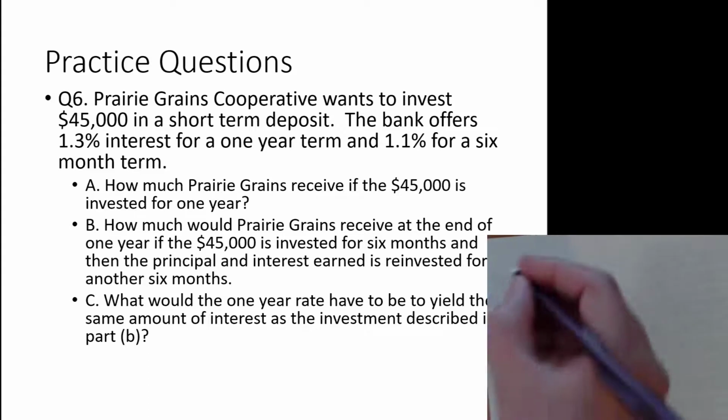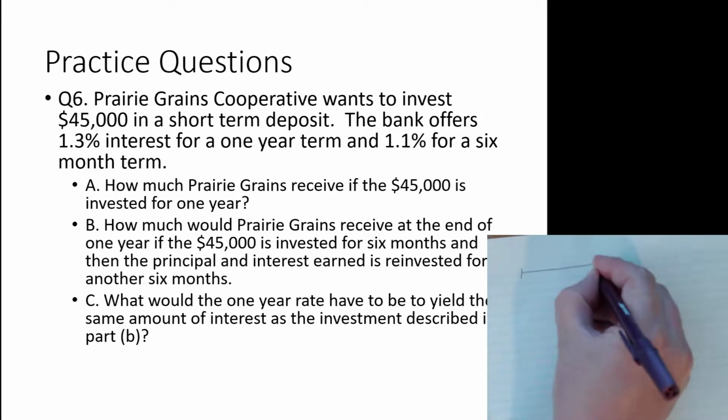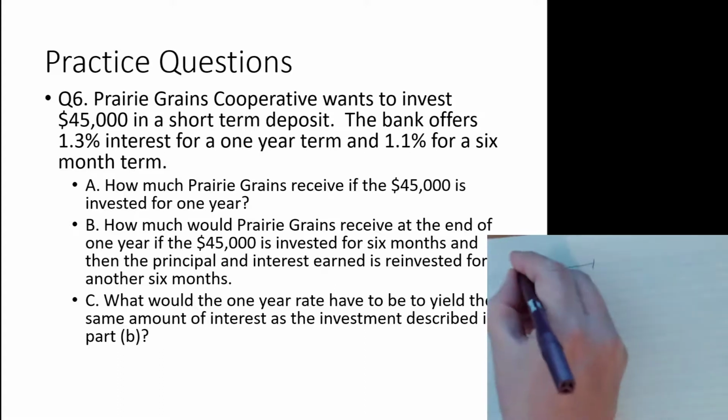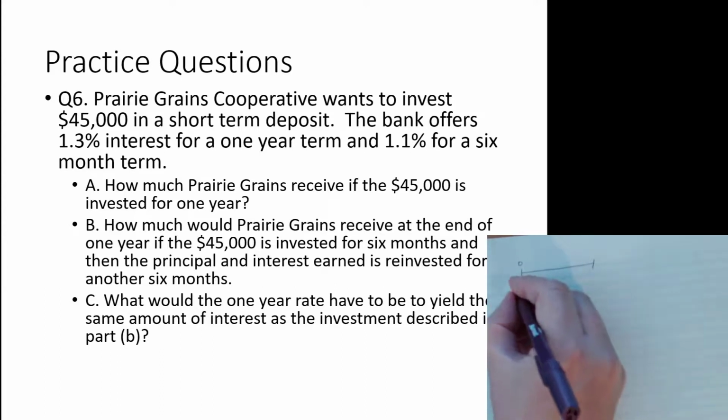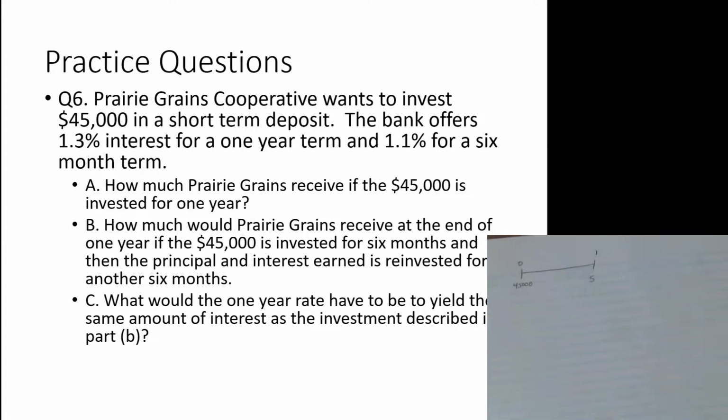So we think of our timeline here. We're going to put in $45,000 today, at time period 0, and in 1 year we're getting some amount S back.